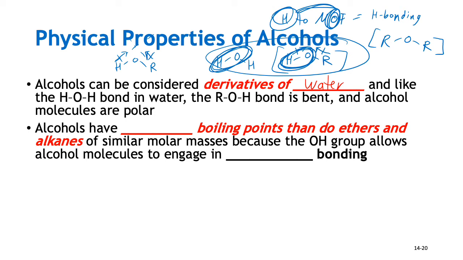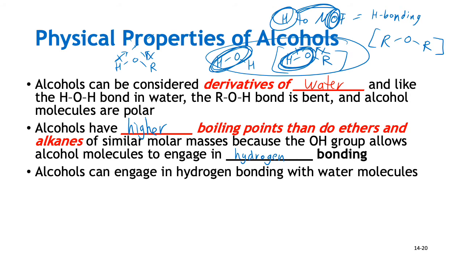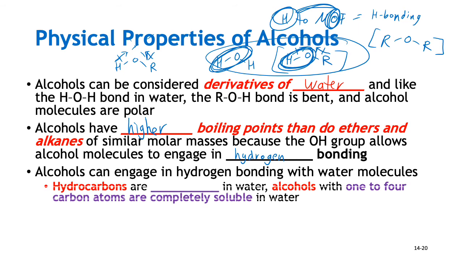Okay, alcohols have higher boiling points than do ethers and alkanes of similar molar masses because the OH group allows alcohol molecules to engage in, like I said, hydrogen bonding. Hydrogen bonding is a strong intermolecular force. Alcohols can engage in hydrogen bonding with water molecules, and they can also engage in hydrogen bonding with themselves.